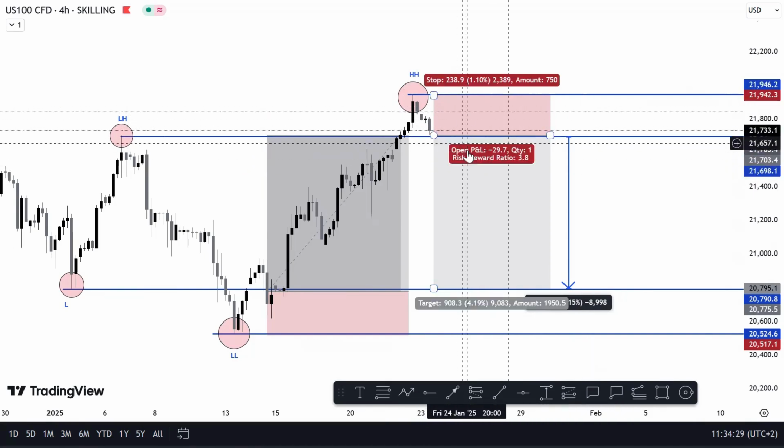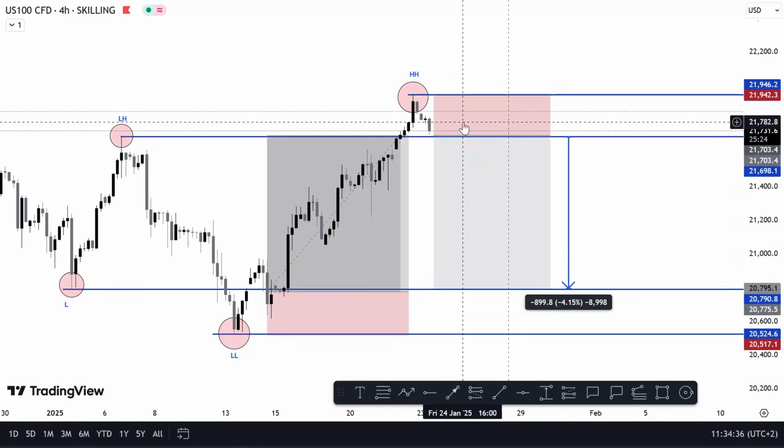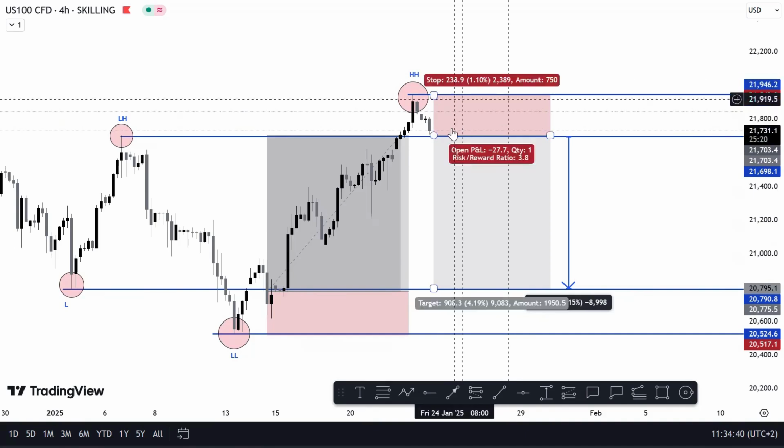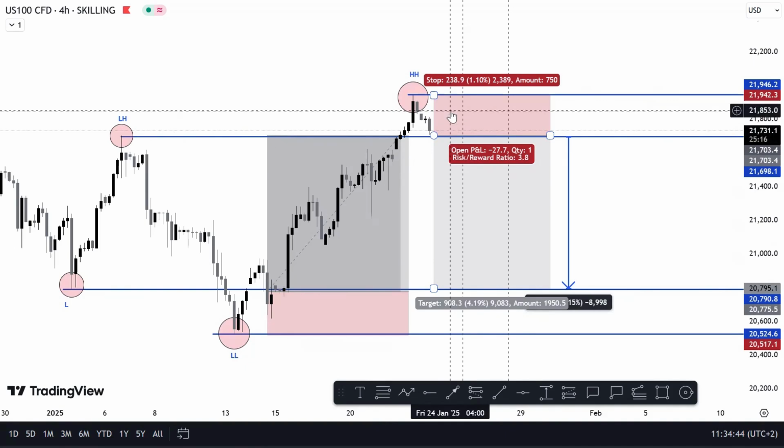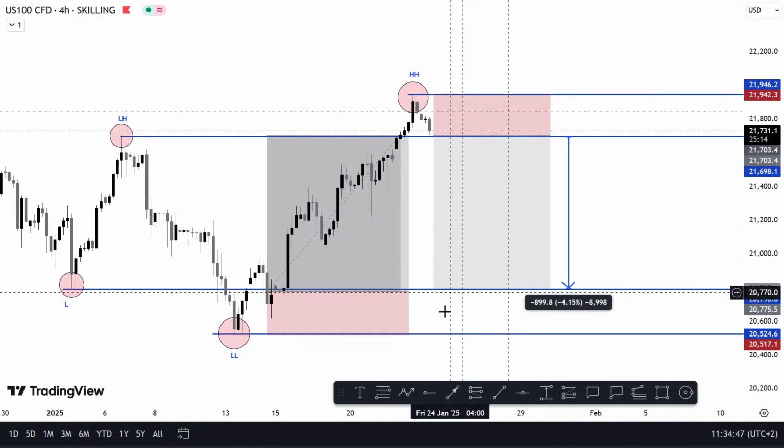By the look of things, if I'm not mistaken, that's about 4,000 on a standard account and 400 on a micro account. That's the downside. So make sure your account is able to take the downside of the trade.